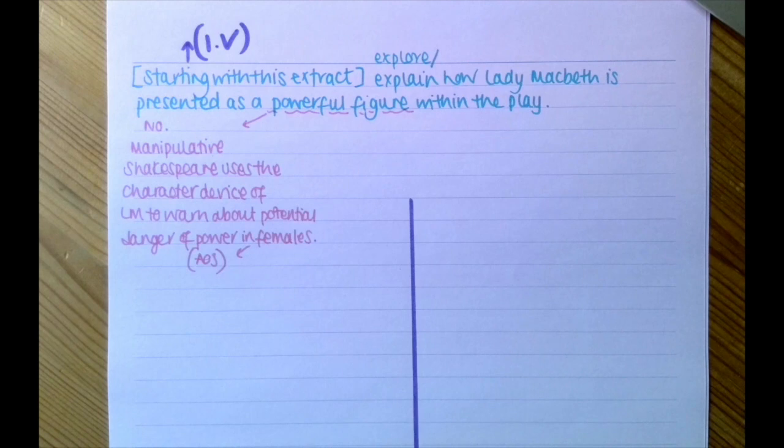Macbeth is not even king when she tries to exert her authority over him. She's not necessarily a powerful figure, but she's a manipulative and potentially powerful figure within her marriage, within her relationship. That doesn't mean that she's a powerful figure at large, and I think that's quite an important distinction to make.